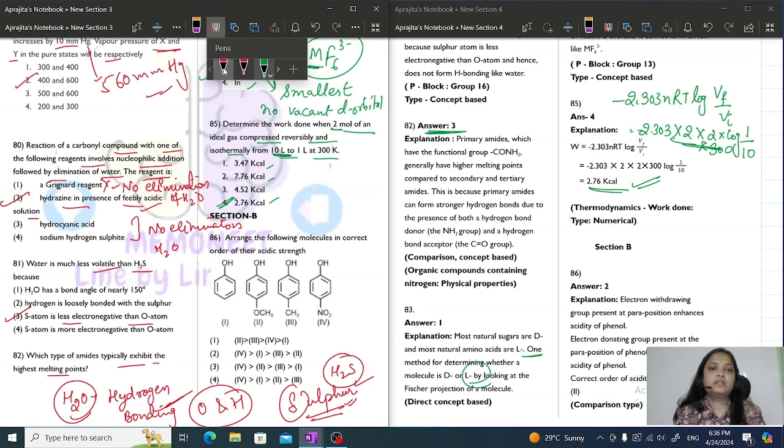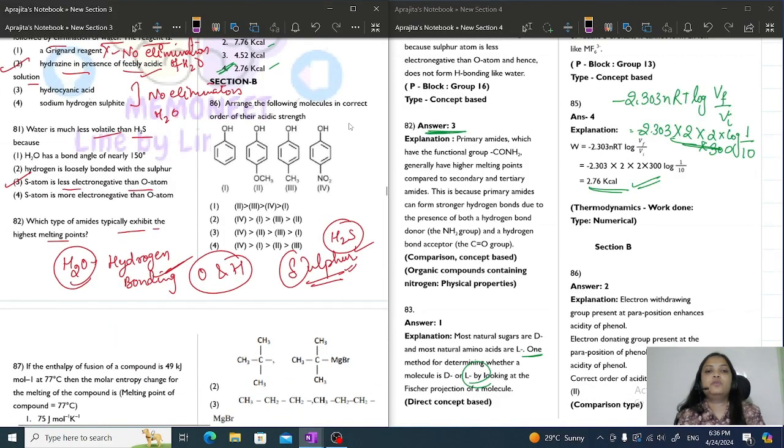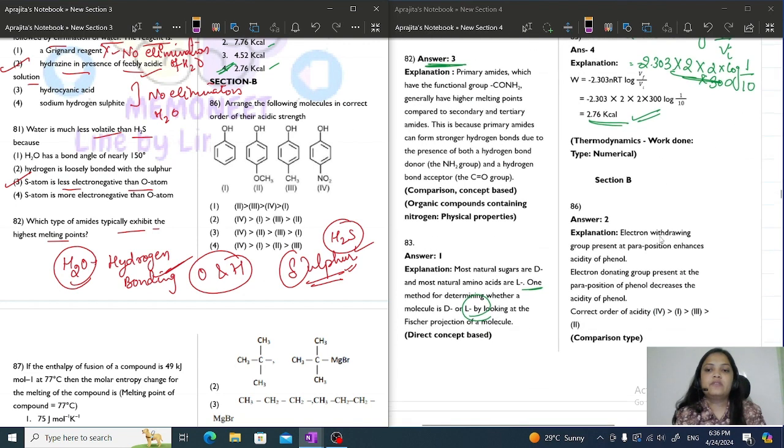Now let's move to section B. Question number 86. Arrange the following molecules in correct order of their acidic strength. Now we all know that whenever an electron withdrawing group is present, it will withdraw the electrons and enhance the acidity of the phenol.